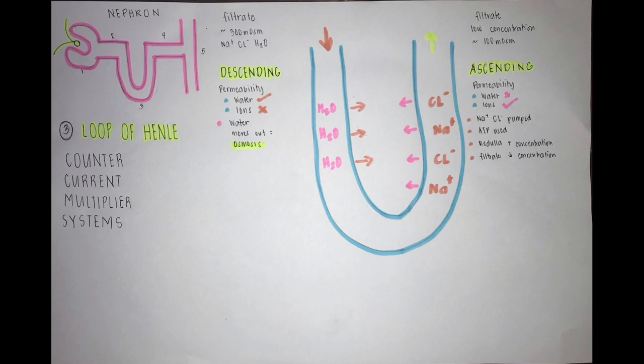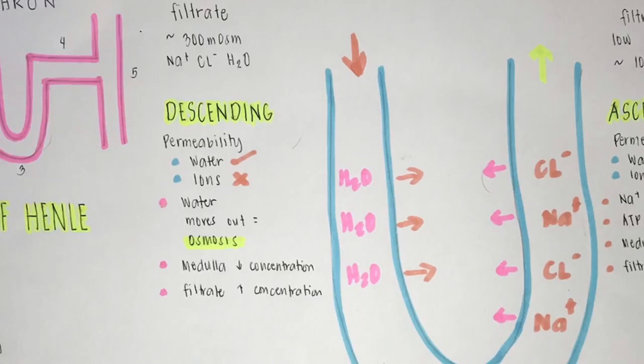And remember that osmosis means water moves from a low solute concentration to a higher solute concentration through a semi-permeable membrane. So water is just passively moving from this descending limb into the medulla section here. As this happens, the medulla starts to decrease in concentration because we are filling it with more water.